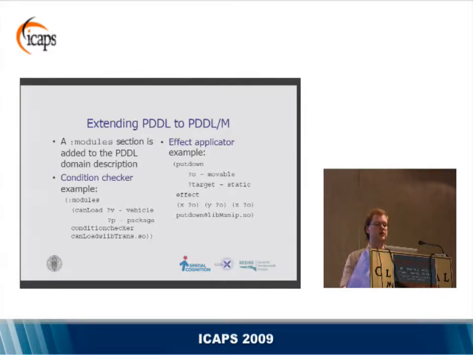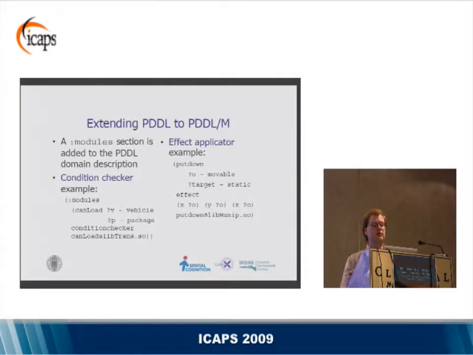There are two parameters, a vehicle and a package, and basically this looks like a predicate. So we add the keyword condition checker to it, and in the last line, a call to a procedure in a library. This tells the symbolic planner, once it runs upon this predicate, it needs to call this function to determine the truth value.